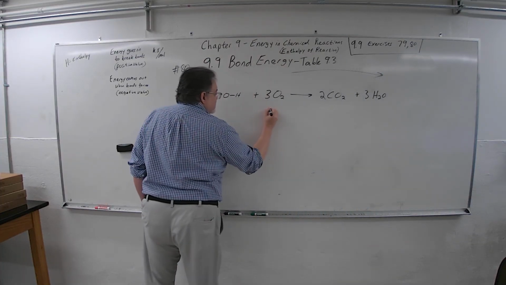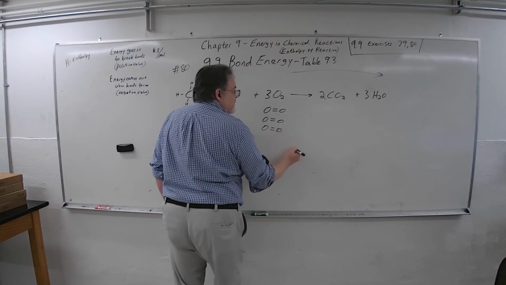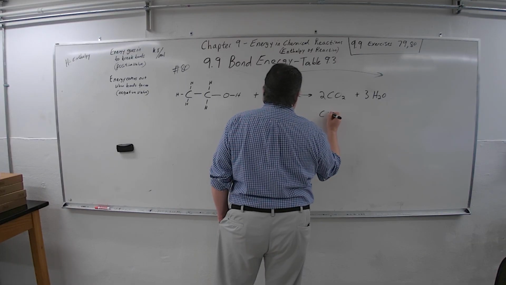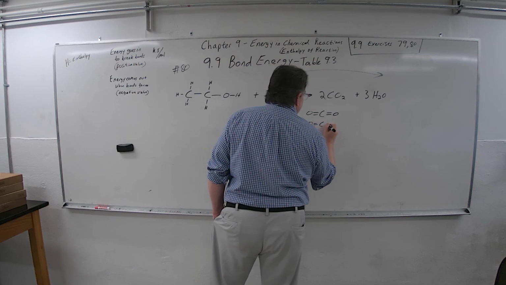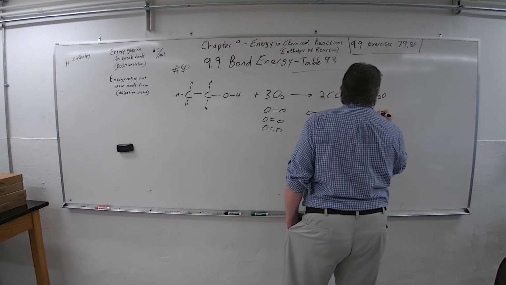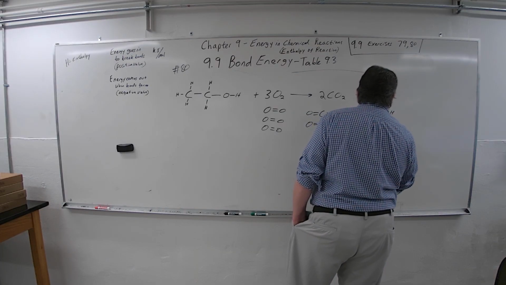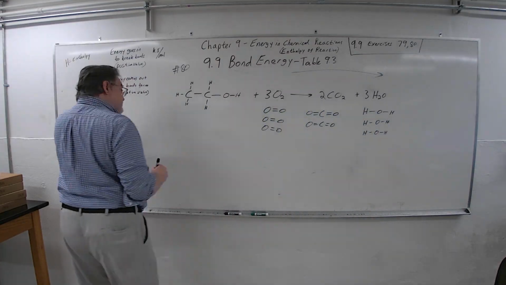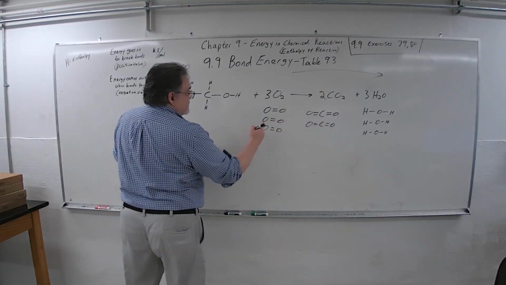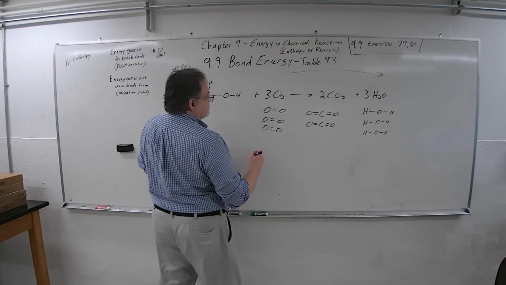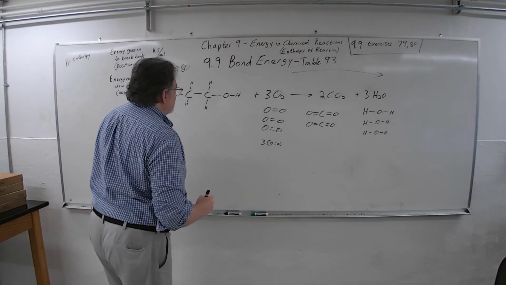So to be a little more explicit so we can count, we've got 3 CO2s, 3 O2s, and then 2 CO2s, 3 H2Os, so we've got this and all of these. So here, all of these break apart. So that's 3 of those.